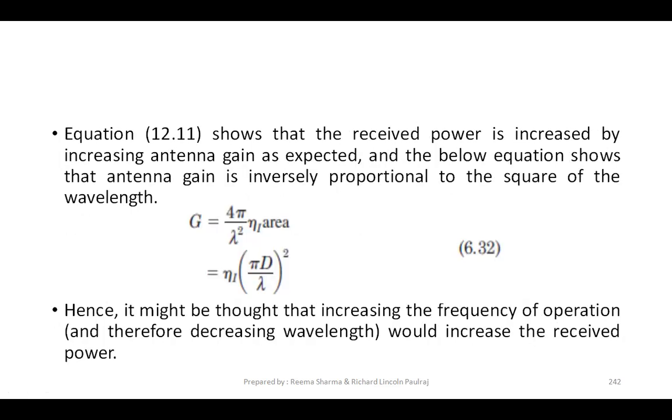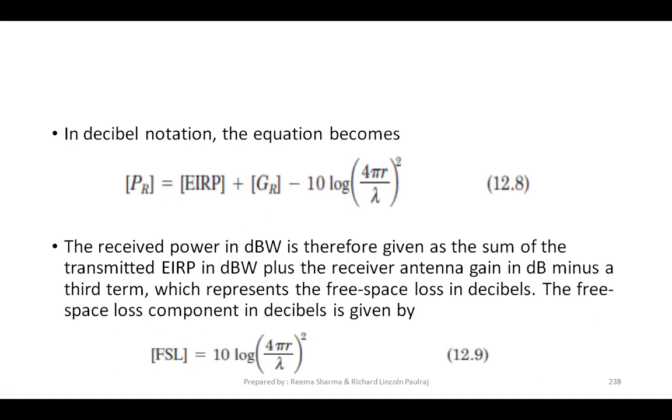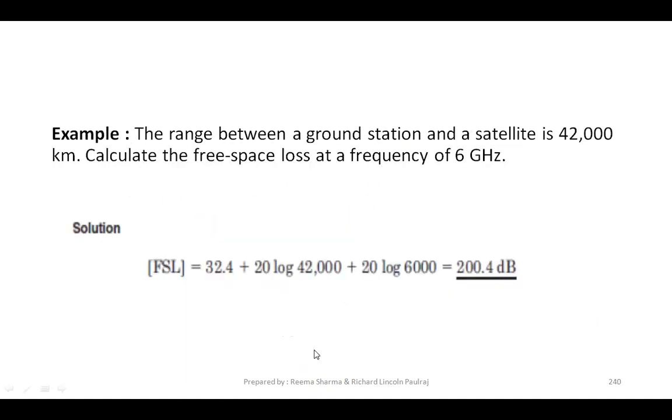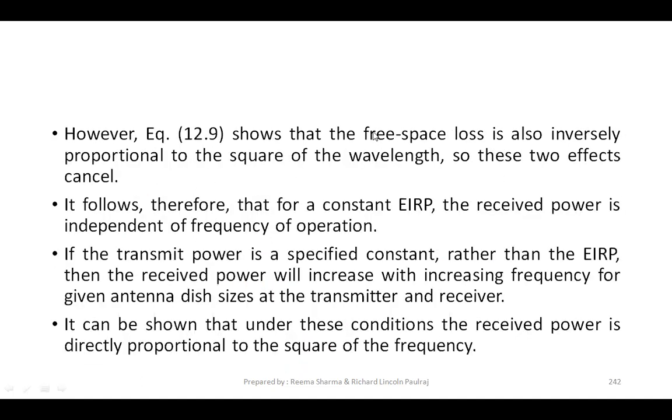However, equation 12.9, which was used for both uplink and downlink, shows that free space loss is also inversely proportional to the square of the wavelength. So that's just your formula, and it follows therefore that for a constant EIRP, the received power is independent of the frequency of operation. If the transmit power is a specified constant rather than EIRP, then the received power will increase with increasing frequency.